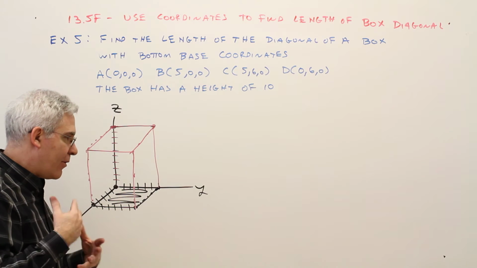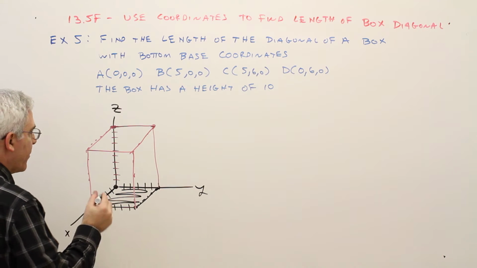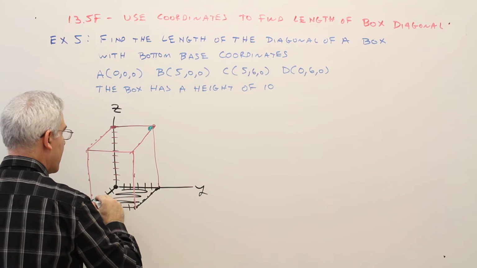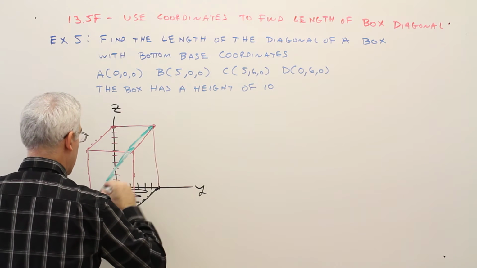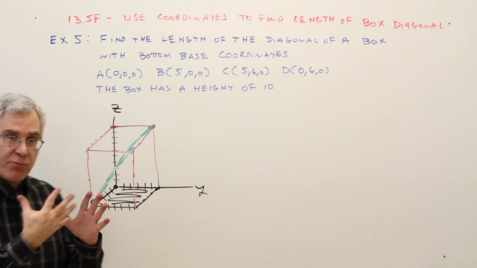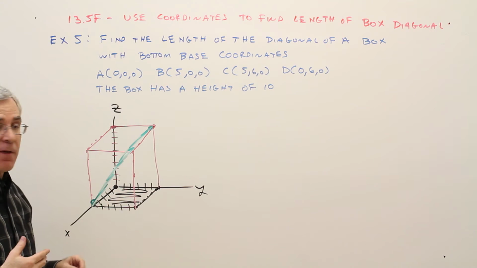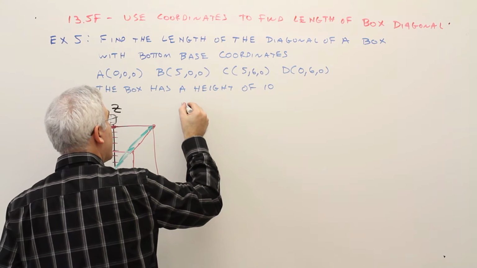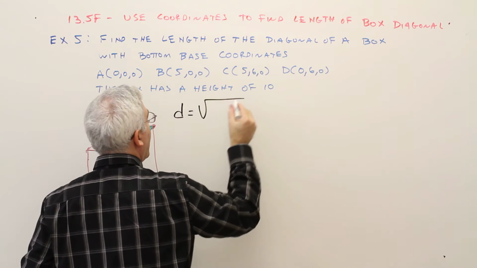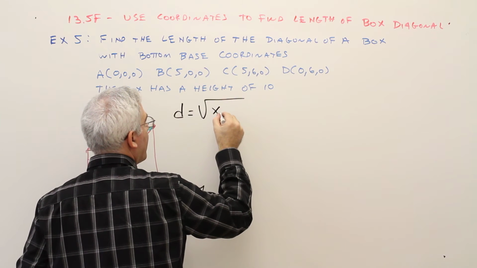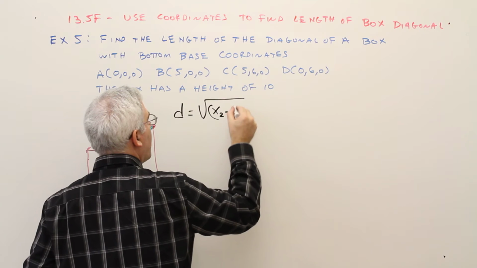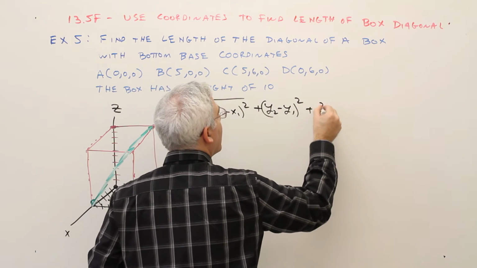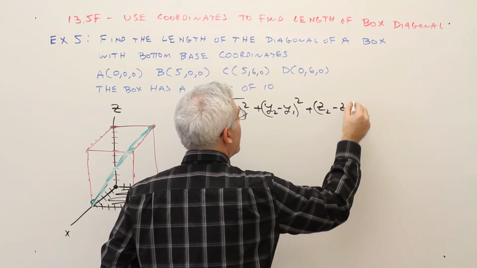Okay, now what we want to do is draw a diagonal. So I could just draw it from this point to that point. And that's just going through the box. And I want to find the length of that diagonal. All right, I'll do it by 2 methods. So the diagonal is going to be the square root of x2 minus x1 squared plus y2 minus y1 squared plus z2 minus z1 squared.